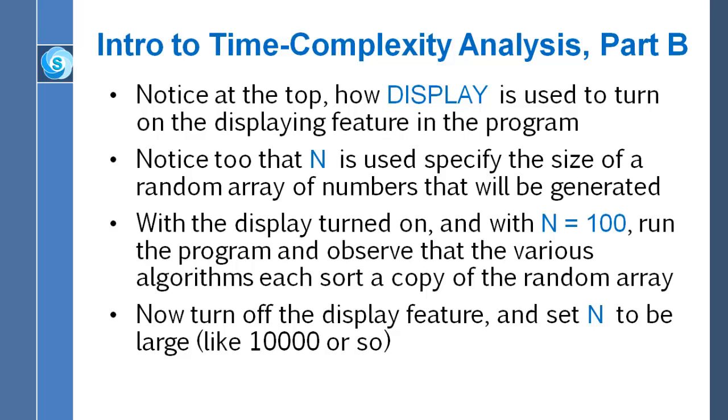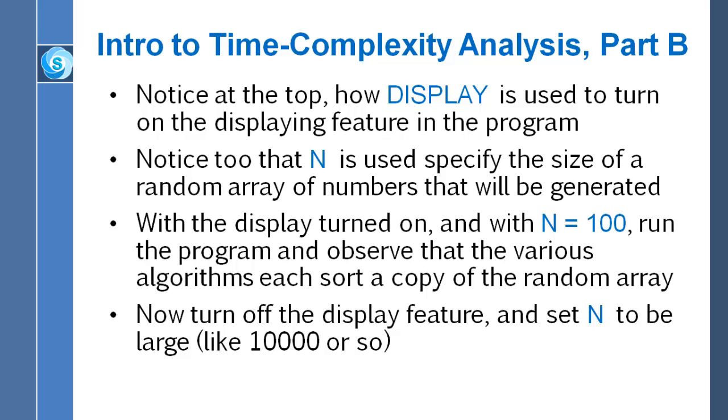So the next thing to do is this: turn off the display feature so that the program will not display the resulting arrays, and set n to something pretty substantial. You might try 10,000 for n.